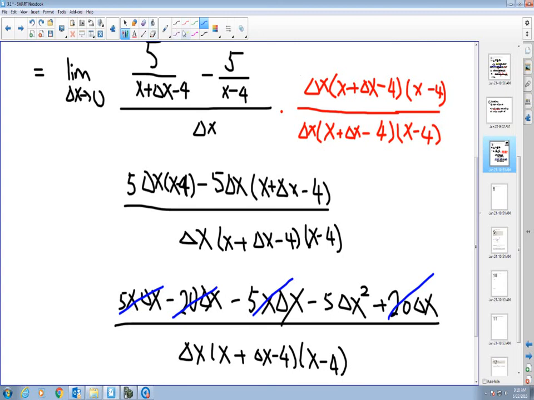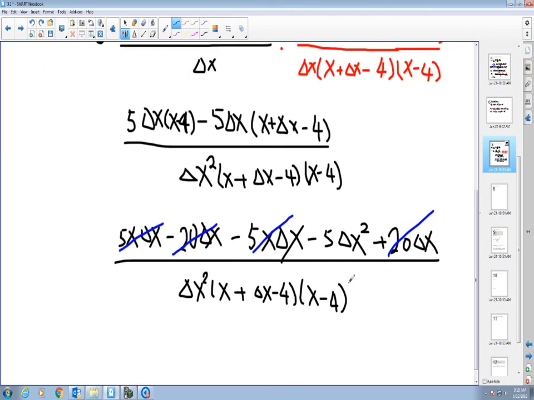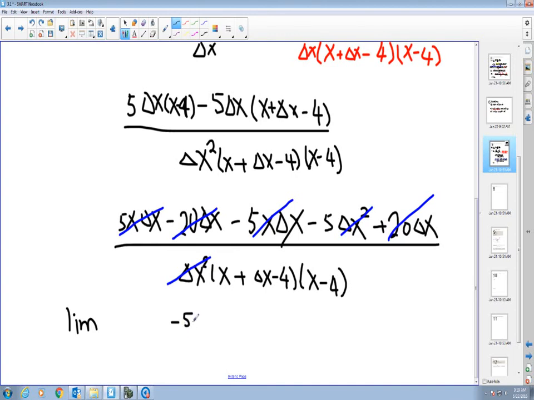I think I made a mistake up here. I think this delta of x times that delta of x will give me delta of x squared. There you go. That'll work. So the only term left up top, delta of x squared, cancels out, because there's one term on top over one term in the bottom for the top and bottom to cancel out. So what I really have left is really just a negative 5 up top over the x plus delta of x minus 4 times x minus 4.